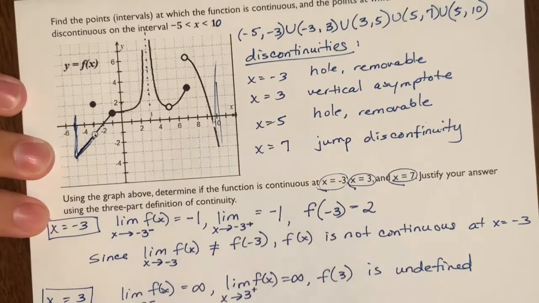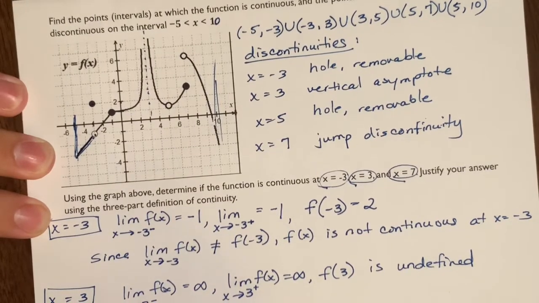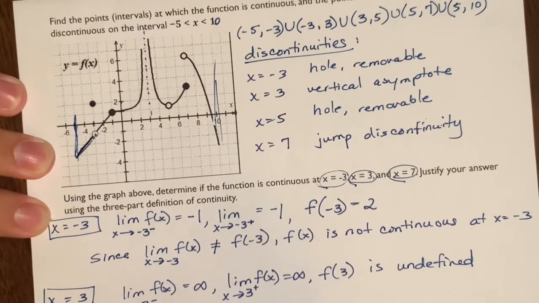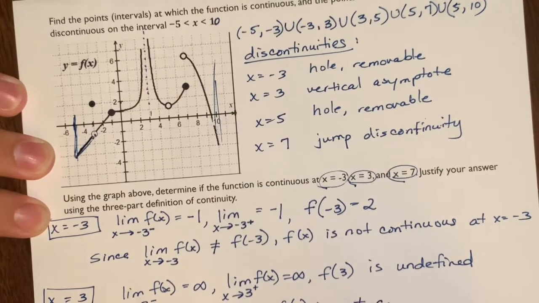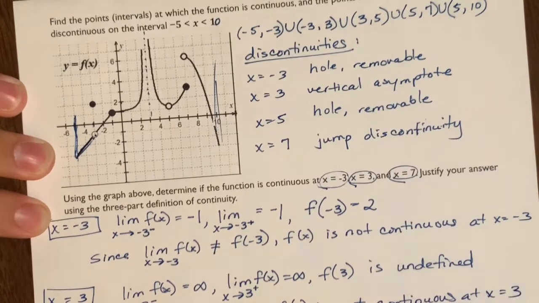All right, so now that I did all three parts, I'm going to write my justification here. Since the limit as x approaches 3 of f of x does not equal f of 3, f of x is not continuous at x equals 3.